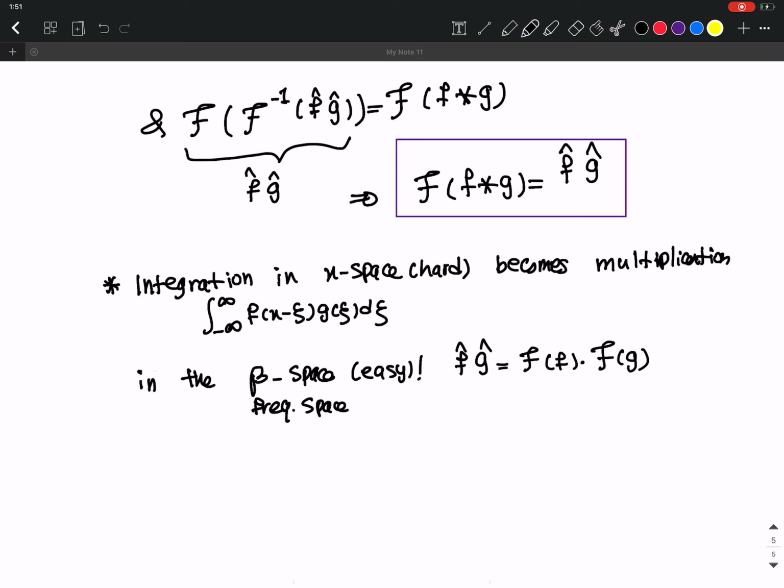The multiplication in the regular space becomes convolution in the Fourier space. So let me show this down. What I'm trying to say is, if you have two functions that are multiplied by each other, f g, in the Fourier space, they become a convolution.